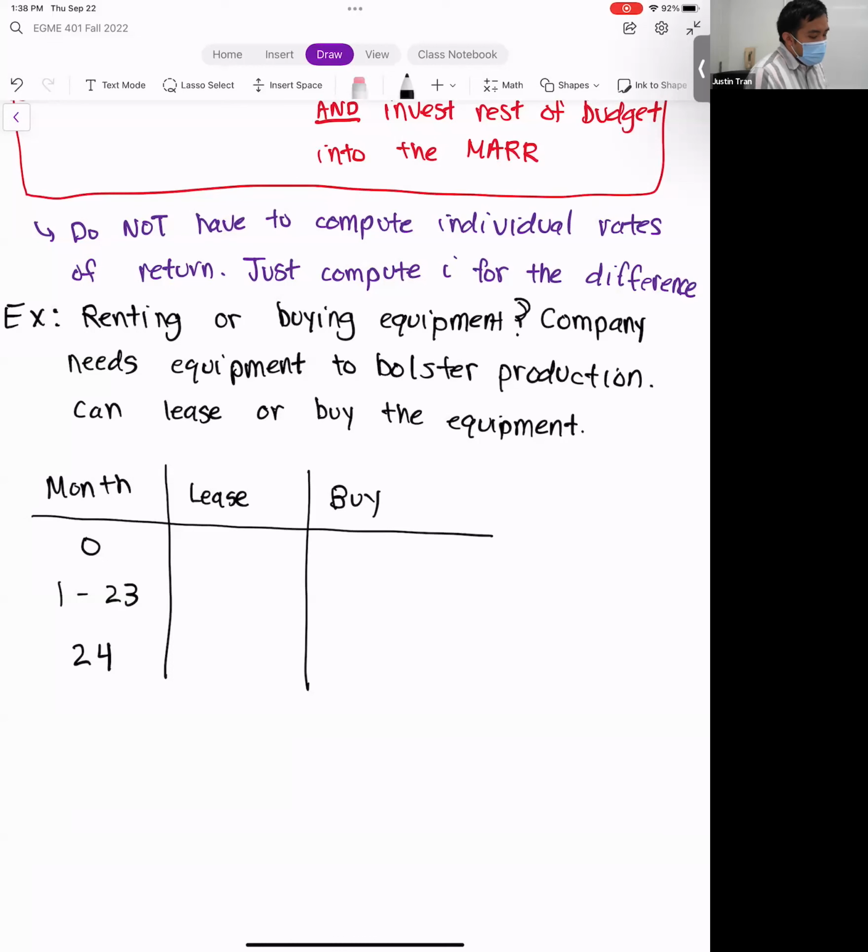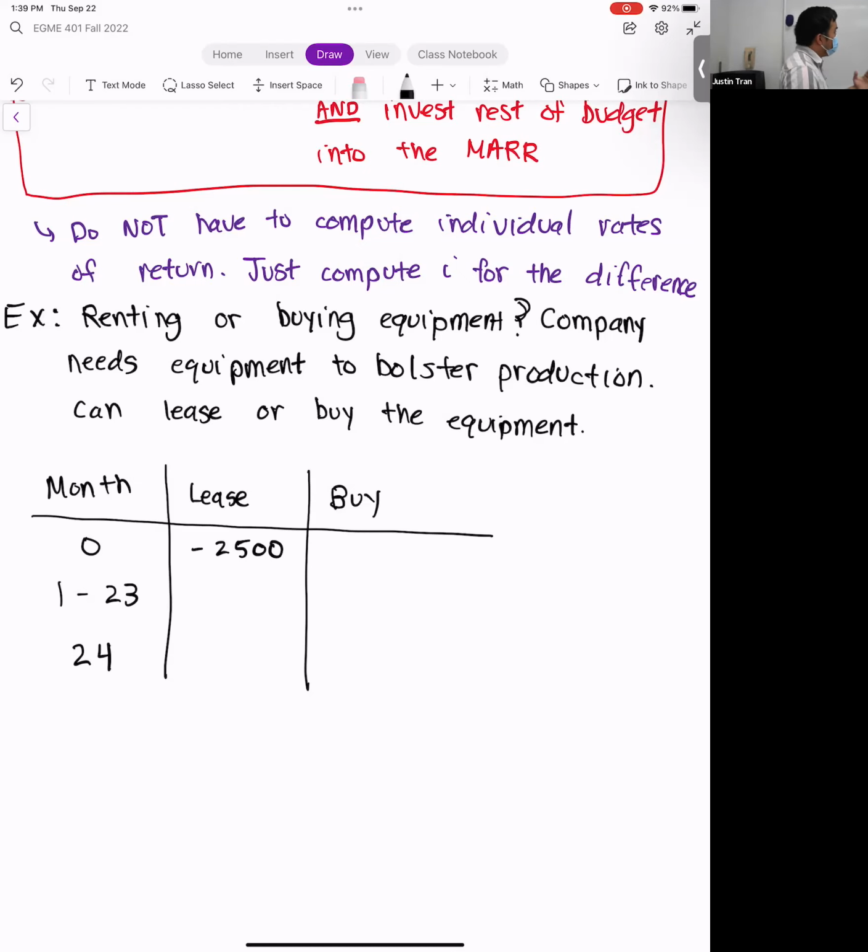All right. For the lease, the way this leasing term works, just like most leasing terms, is that you pay at the beginning of the month to use it for the upcoming month. So to lease it, we're going to have an initial cost of $2,500, and that's to use it for the first month.